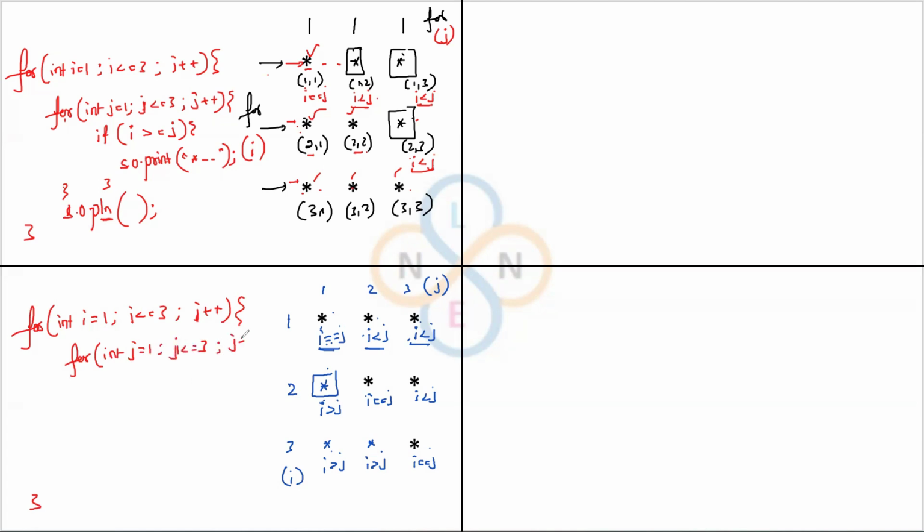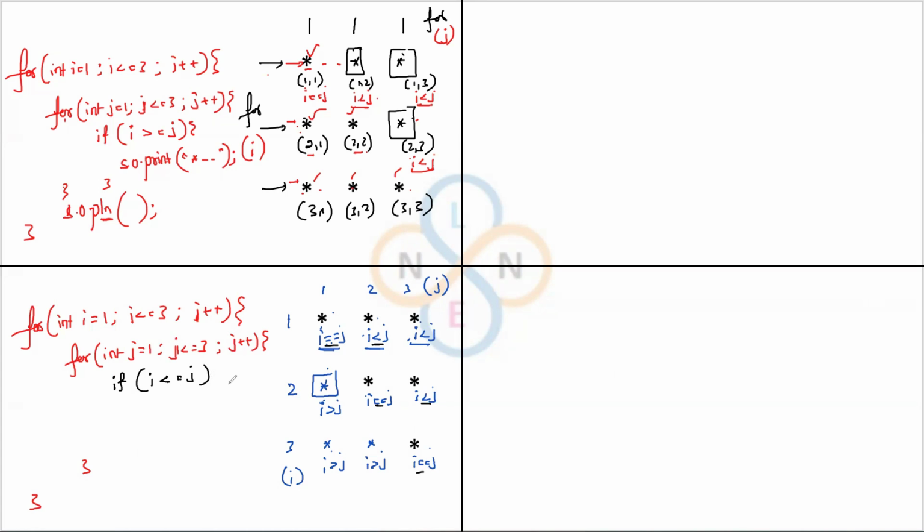Next, what is the condition here according to our understanding? So there are conditions here. One is if i is less than or equals j.